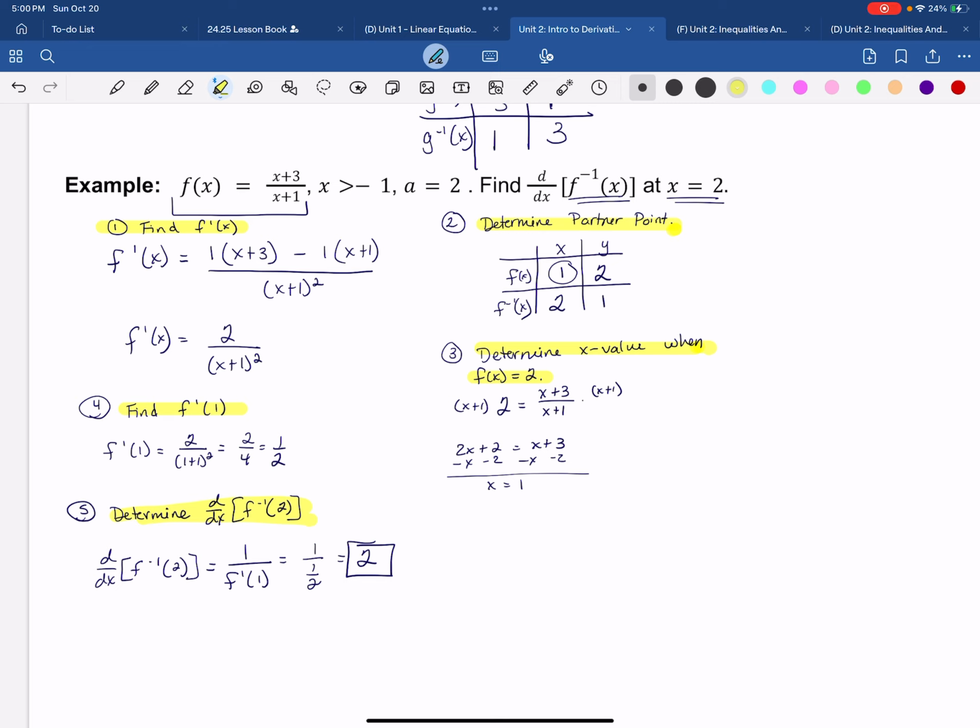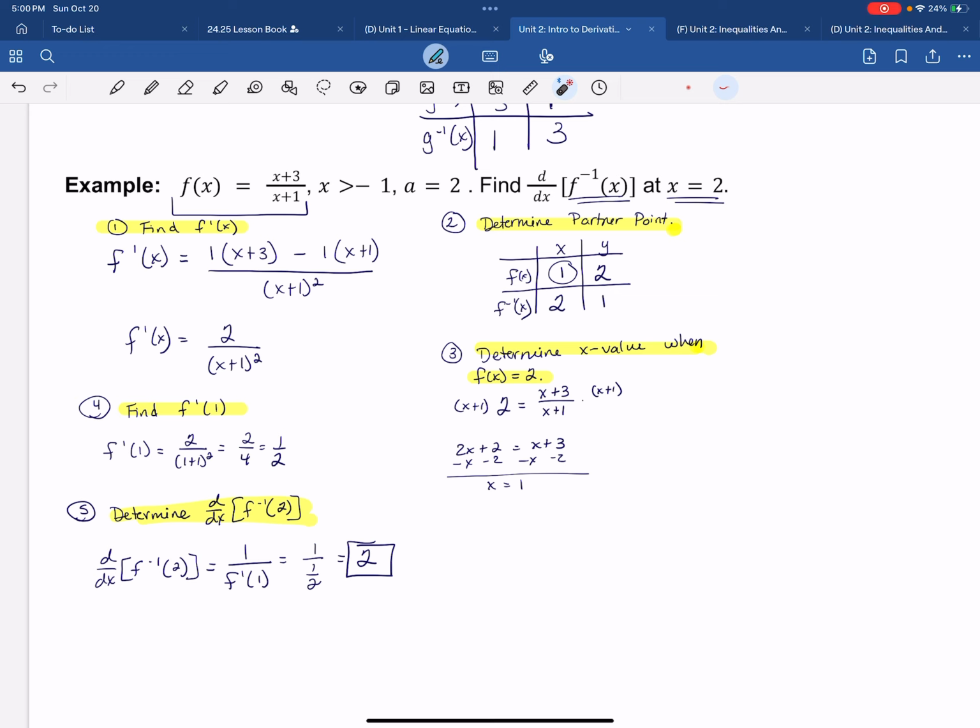And so I need to find what that input value is. And the way that I find that input is by letting f of x equal 2, because I know my output is 2, so I can let my output equal 2 to find what my input, or my x value, is. I found x equals 1, so once I knew that, I could find f prime at 1, and then I could evaluate the inverse function.